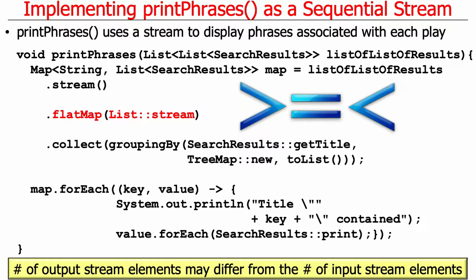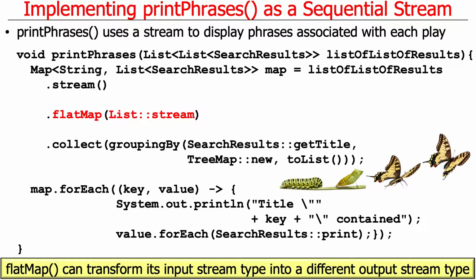If once it flattens it, there's a lot more elements in the output stream than were in the input stream, it'll return more items. And if, for sake of argument, you had a bunch of empty lists of search results given to the flat map, then it could return less than the number because it would filter them out and get rid of them. So it's a very interesting method because it can do all three variants, whereas map can only do one and filter can do two. OK, so that's basically what flat map does.